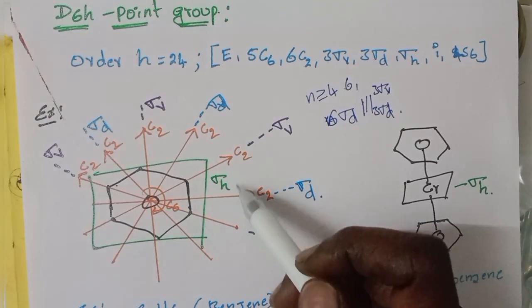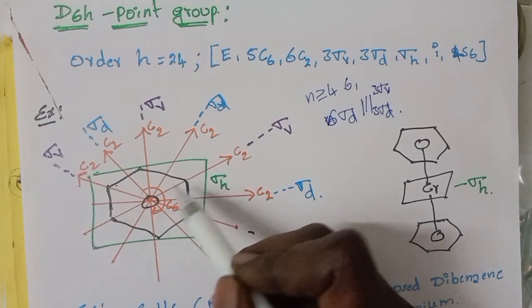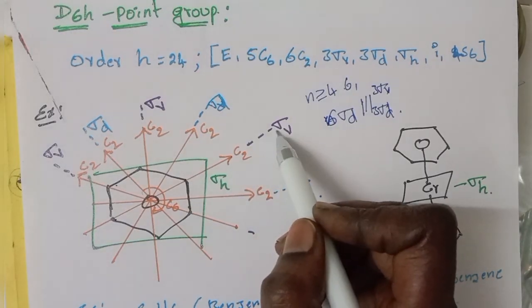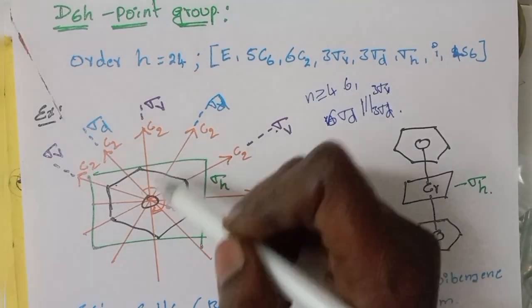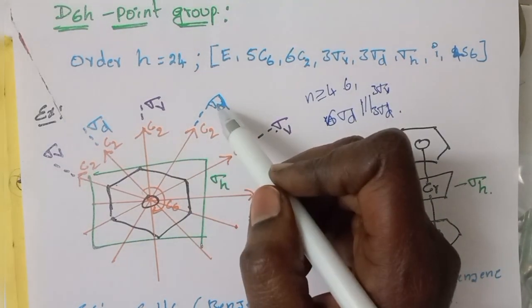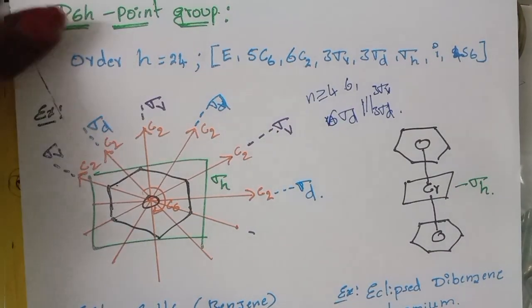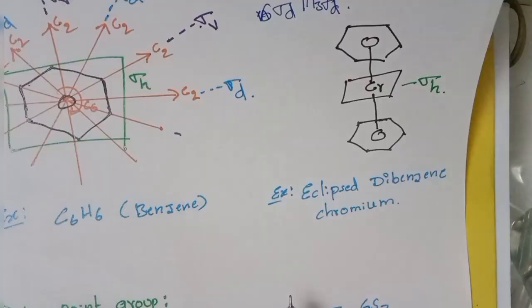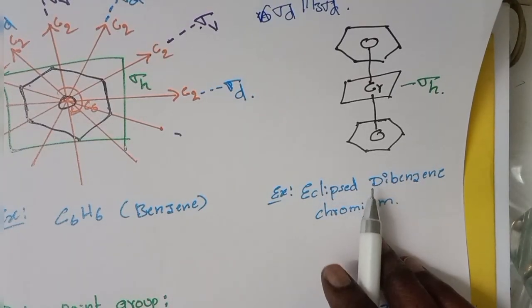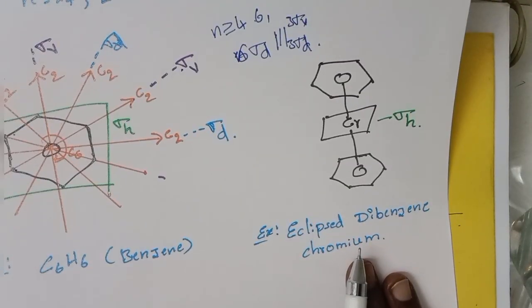According to the thumb rule, the plane which is passing through more atoms can be considered as sigma v, and the plane which is passing through fewer atoms can be considered as sigma d. And one more example for the D6h point group is eclipsed dibenzene chromium.